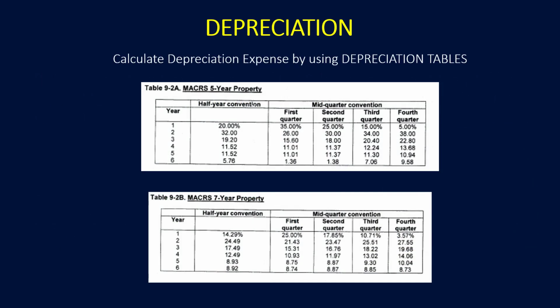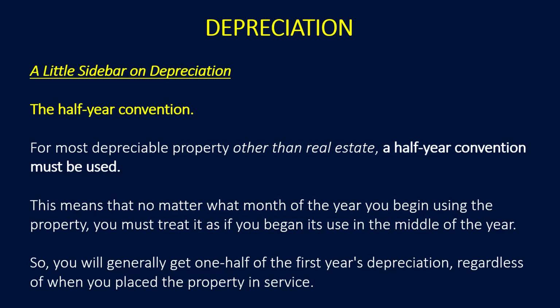We calculate depreciation expense by using depreciation tables. Now, without getting too far down in the weeds, just want to talk about a little sidebar on depreciation, the half-year convention. For most depreciable property other than real estate, a half-year convention must be used.